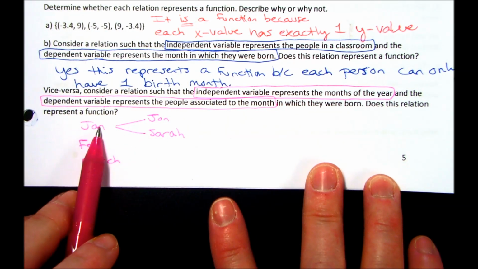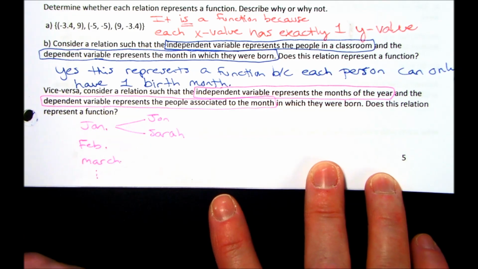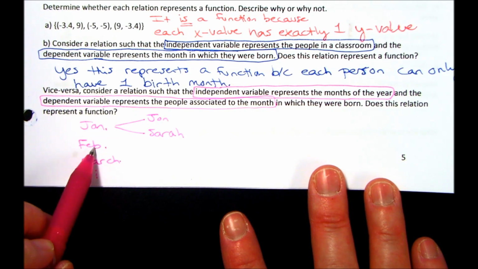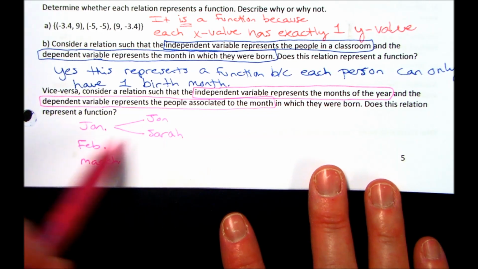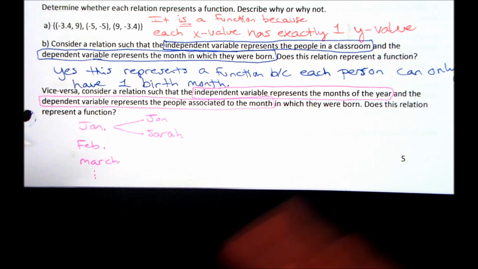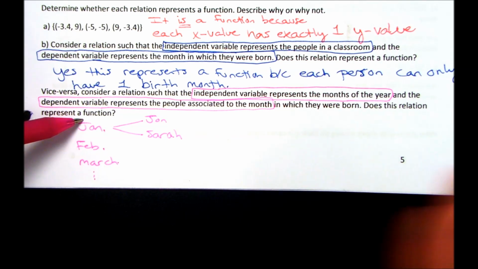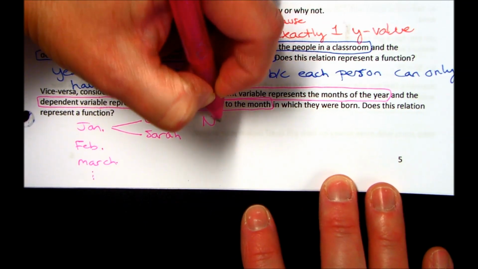So that input value, or independent variable, the month, can have more than one person that was born in January. So that would not be representing a function, because these input values, the independent variable, have to have exactly one output, but it would be possible to have two if we're talking about the people in the classroom. Usually there's going to be more than one person that's born in one of these months. Maybe January only has one, but February might have two, and March might have three. So this would not be a function.